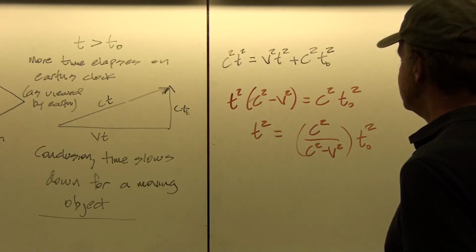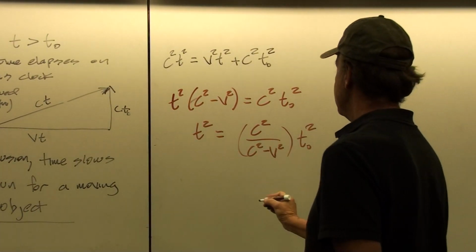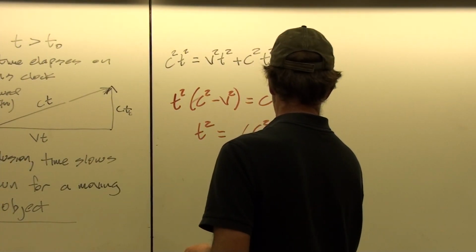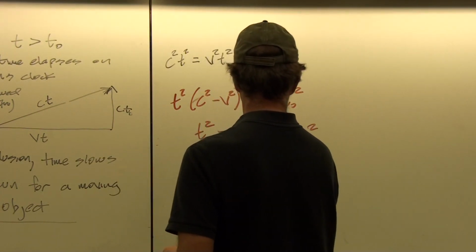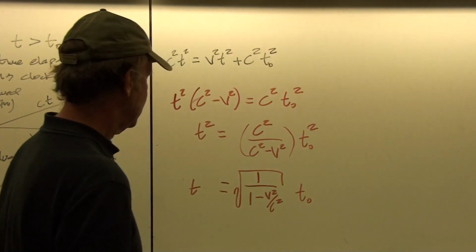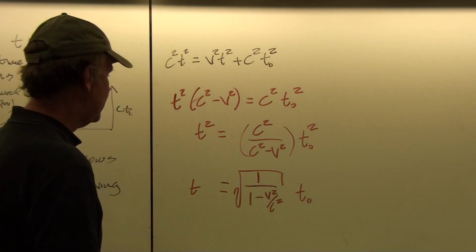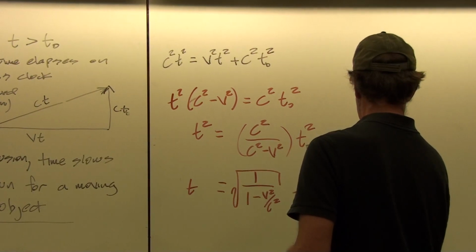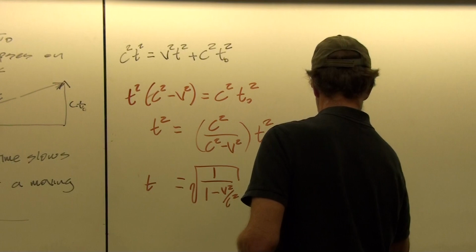So we do a little bit of algebra here. Divide numerator and denominator by c squared. That gives us 1 divided by (1 minus v squared over c squared). We get t then is equal to the square root of that times t naught. Another way of writing this is t equals t naught divided by the square root of (1 minus v squared over c squared).